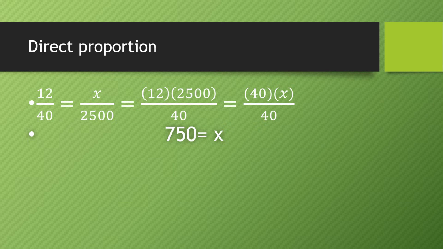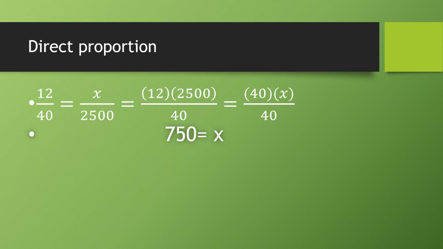Kung mapapansin ninyo, as the number of sheets, which is 12, now becomes 750, also the weight of sheets increases from 40 to 2,500. So, kaya nga siya tinawag na direct proportion kasi kung nag-increase yung isang variable, dapat mag-increase din yung isang variable. In this case, yung number of sheets nag-increase at yung weight ay nag-increase din.